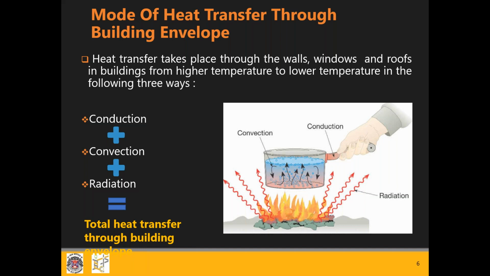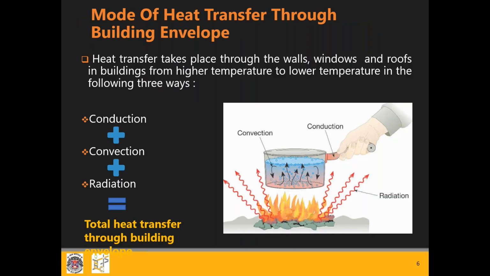As we all know, heat transfer generally takes place through conduction, convection, and radiation. It's the same thing that happens here. Your building envelope is the main component that stands between a very harsh climate outside and the inside where you are.